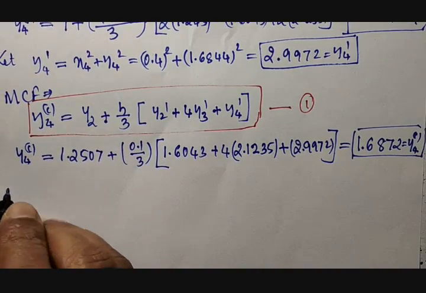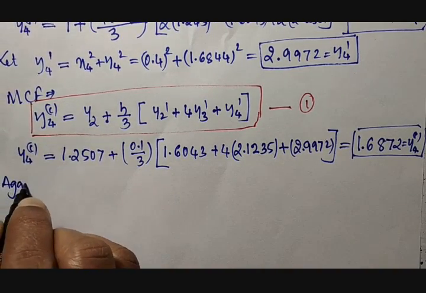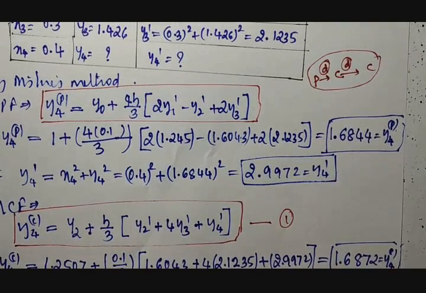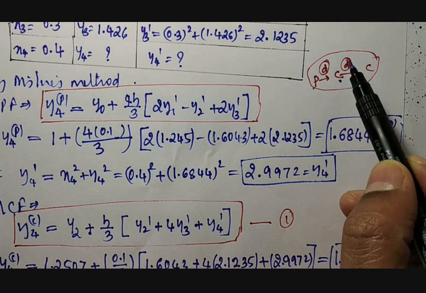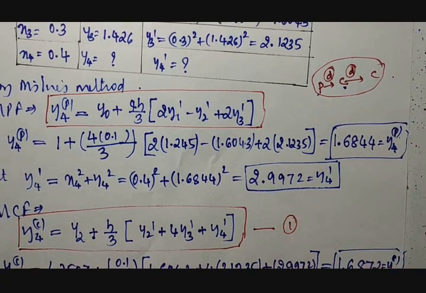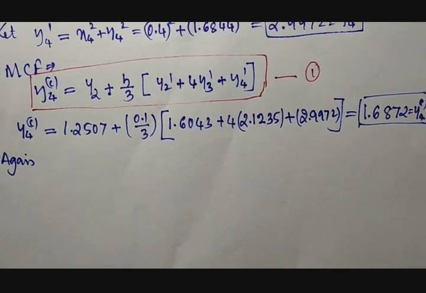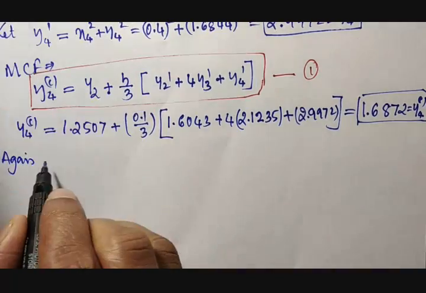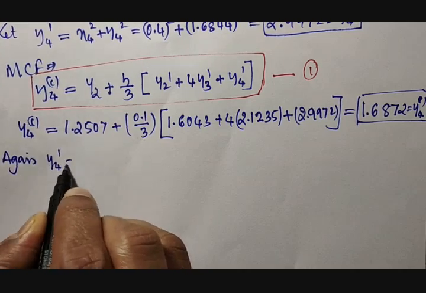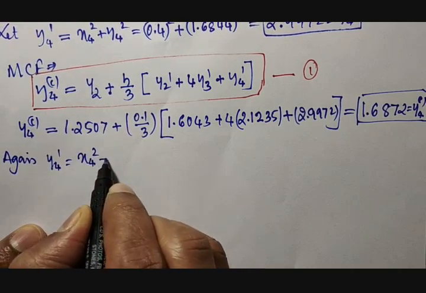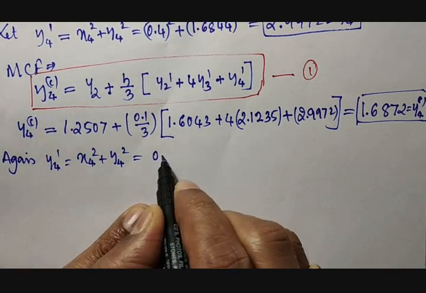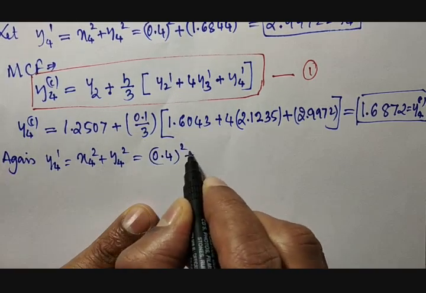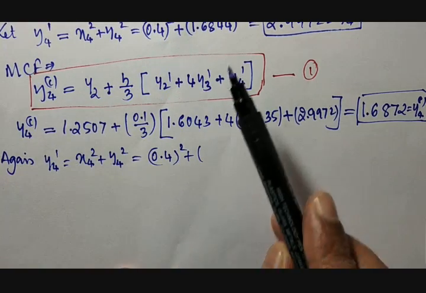Okay, so what I do, again I go with the derivative, because this is our procedure now. So from prediction to derivative to correction we reached. Again we need to go to derivative, then again correction. So once again I'll be taking y4 dash, which is nothing but x4 square plus y4 square. x4 is fixed, that is 0.4 the square plus y4. Which y4 now?